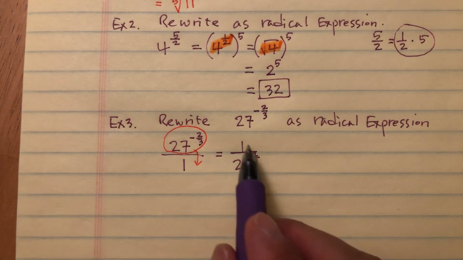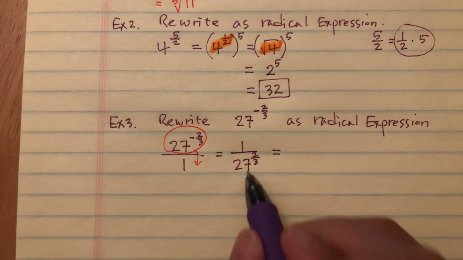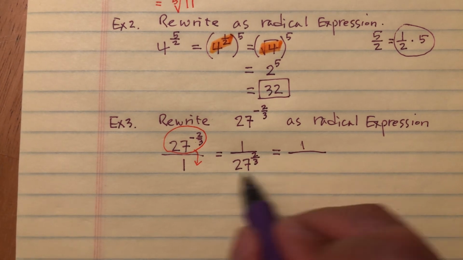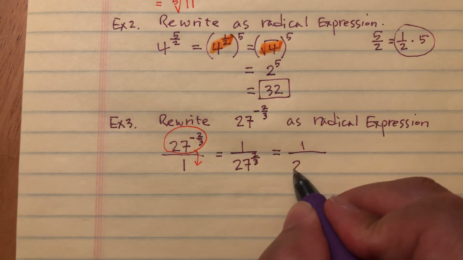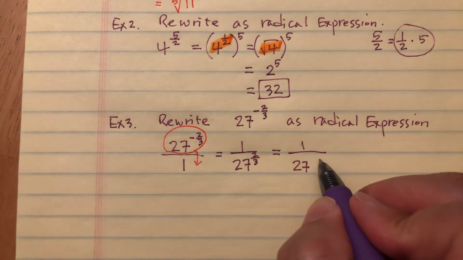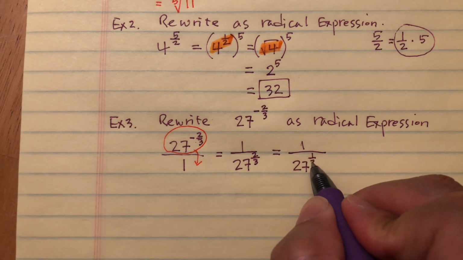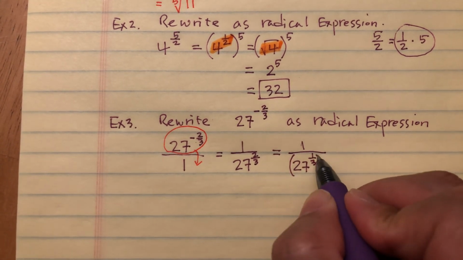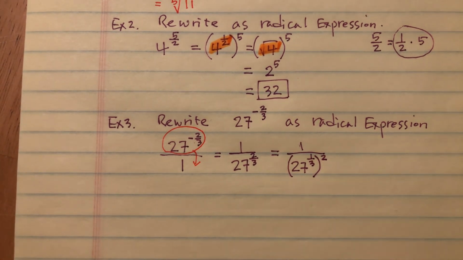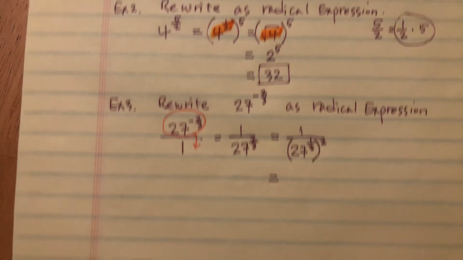That was a negative, so we move down, so it's going to be positive. Then we know how to handle the denominator now, right? So it's 1 over 27, and we can think of this 27 to the 1/3, and then multiply 2 outside. Isn't that the same thing as 2/3 exponent?